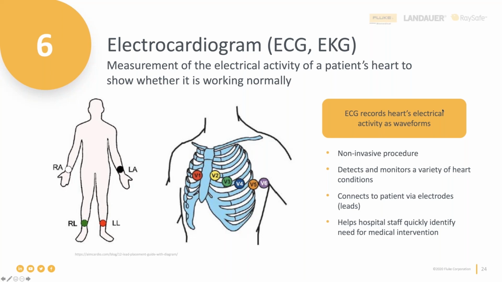Which is something that you can see on the slide here in the image. Even though it is referred to as a 12 lead placement, an ECG only uses 10 electrodes for reading. So you can see there's 4 on the limbs and 6 on the heart area of a patient. I don't believe that you can see my mouse.